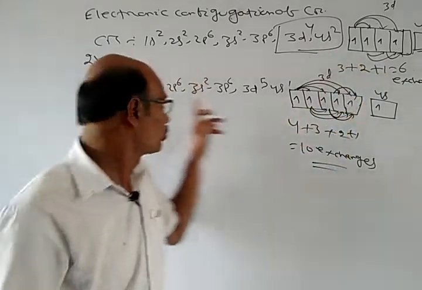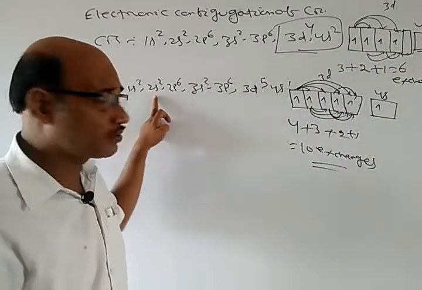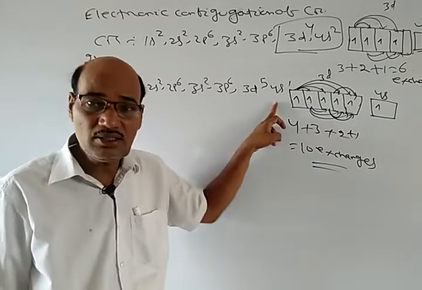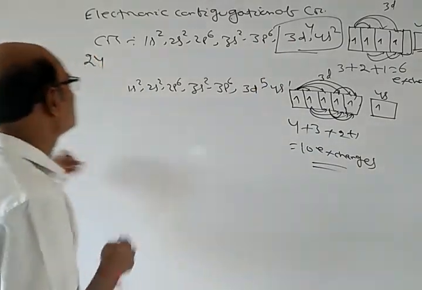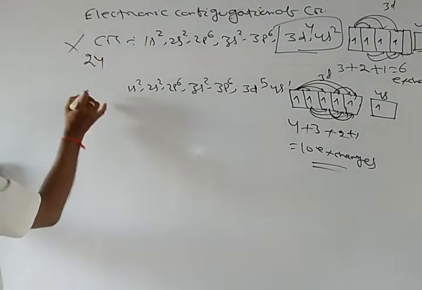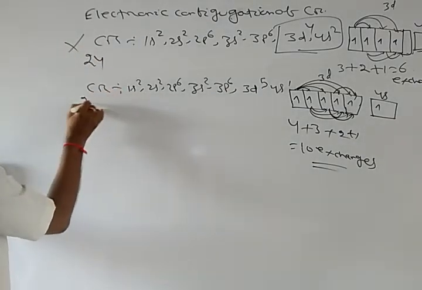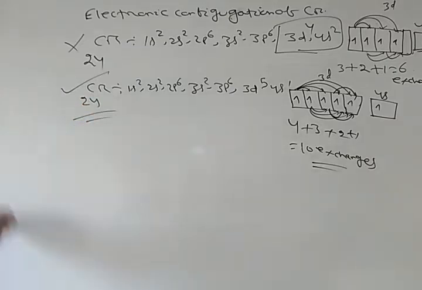That's why chromium will have an electronic configuration of 4s1 3d5 instead of 4s2 3d4. So this one is the wrong one, and this one is the right one.